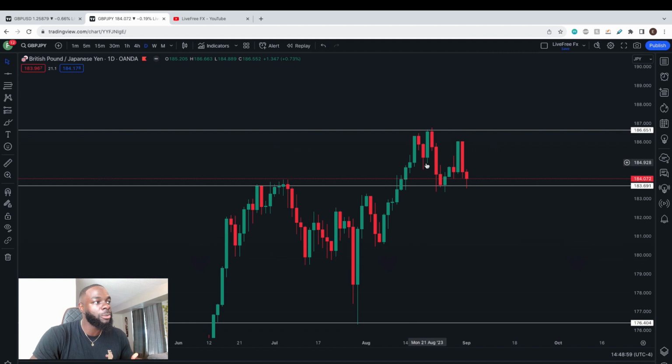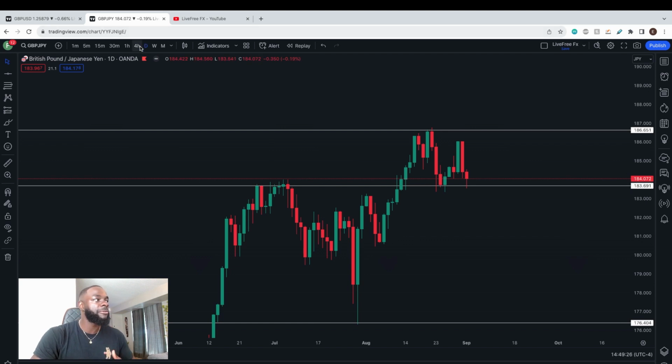Some people would say this was a break of market structure, but because of the candlesticks, I need at least 2 to 3 candlesticks to form a low for it to be a respectable break of market structure. So for me, until this area, 176, has been broken, I likely wouldn't look to be a seller.